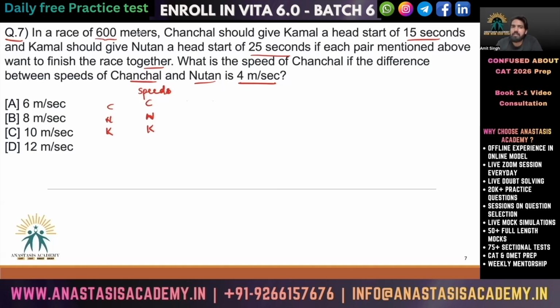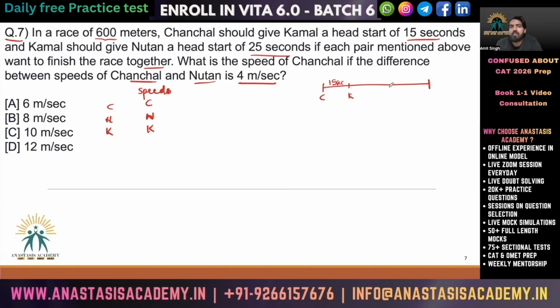Race is 600 meters. Now, Chanchal should give Kamal a head start of 15 seconds. What does it mean? If this is the racetrack, Chanchal would start from here and Kamal would start after running for 15 seconds. Chanchal will start 15 seconds after Kamal, right?